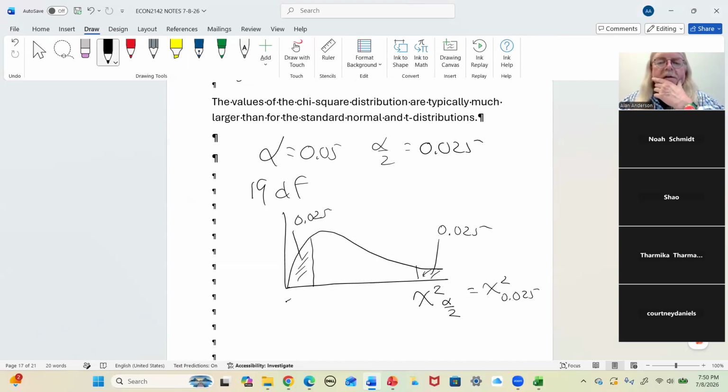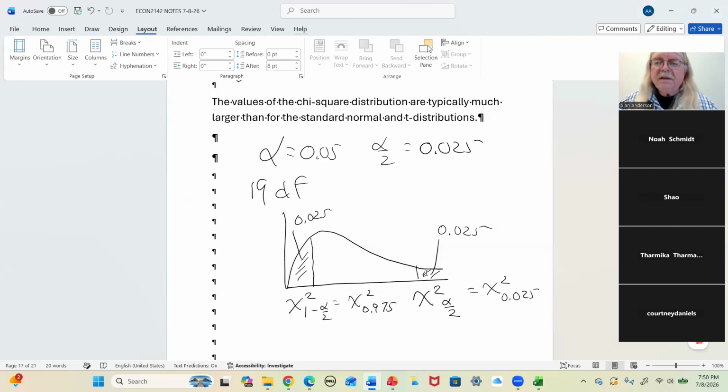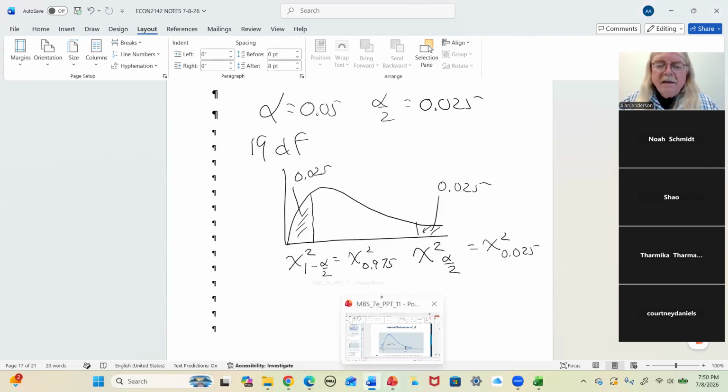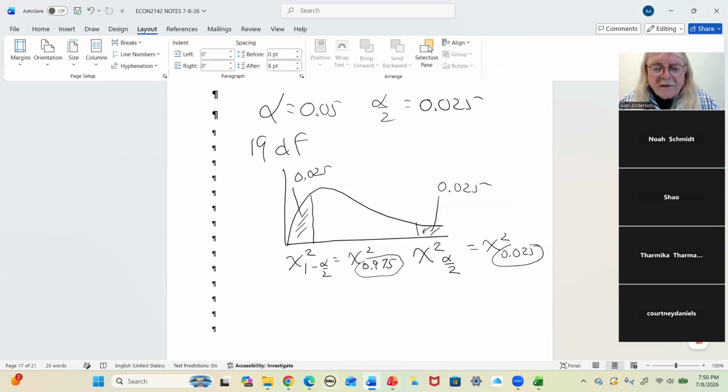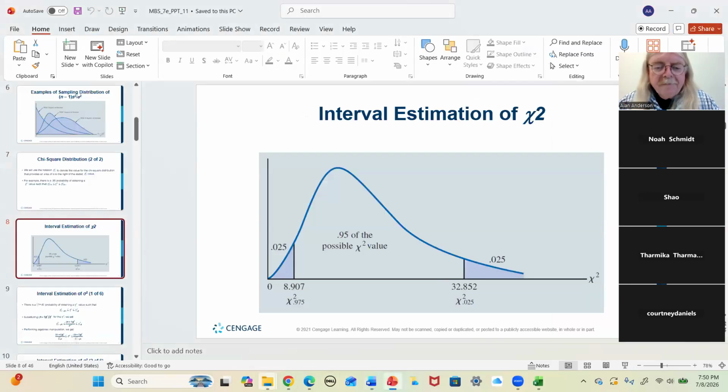It means that over here, 0.975, because everything to the right of that is 0.975. So when I go to look these up in the table, I need this value here and the degrees of freedom at 19. So again, we'll go back to the table with 19 degrees of freedom.